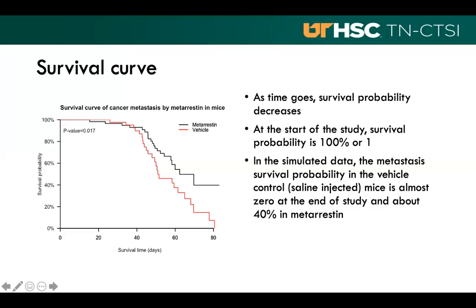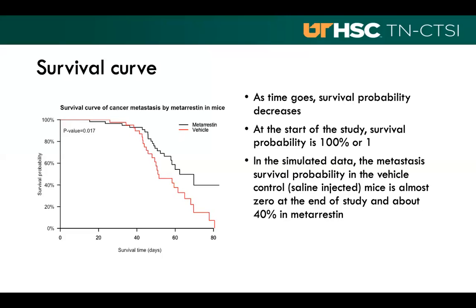So we compare the survival probability in terms of metastasis. When we say survival probability for metastasis, we mean how long the mice groups under study can stay without cancer metastasis. Metastasis means cancer spreads into different body parts from the original primary site of development.